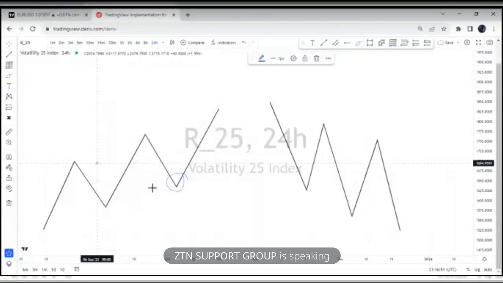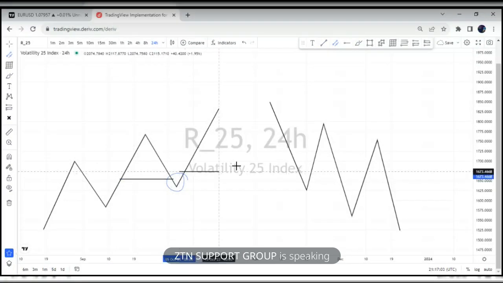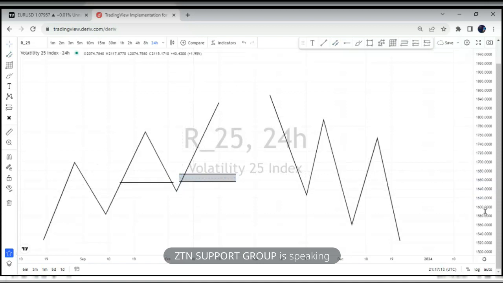So maybe at my higher low, I now see, for example, a liquidity sweep, and after the liquidity sweep there was an IPA here and all of that. Those things come secondary. The first thing I'm looking out for is what is my structure.